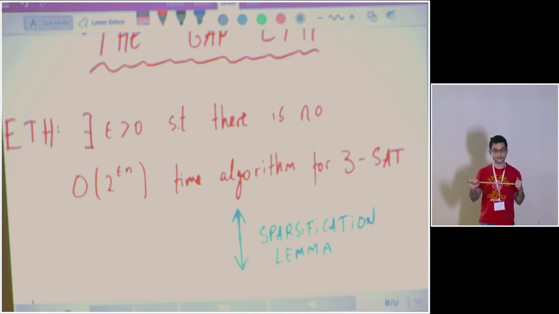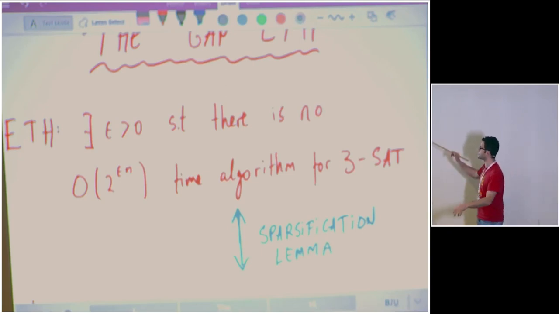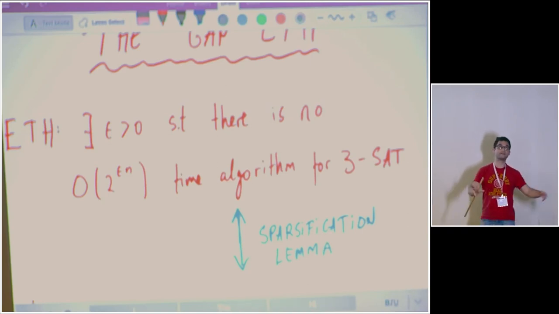Now, because 3-SAT instances can have a bunch of clauses, ETH by itself isn't terribly useful for reductions, because most of the time when you reduce from SAT to something, the number of vertices you have is the number of variables plus clauses in your original instance.